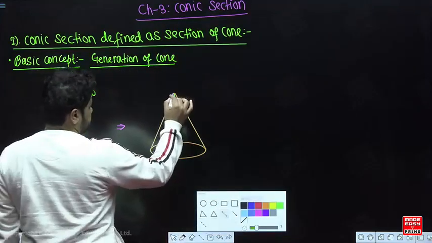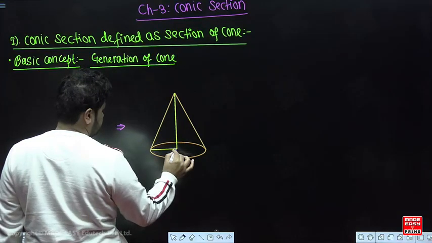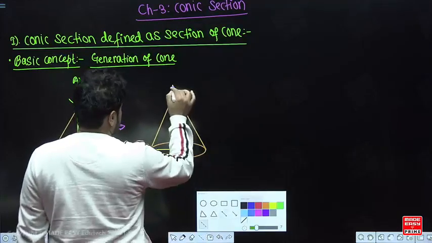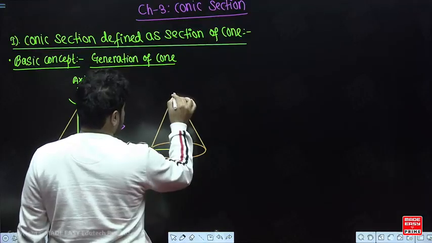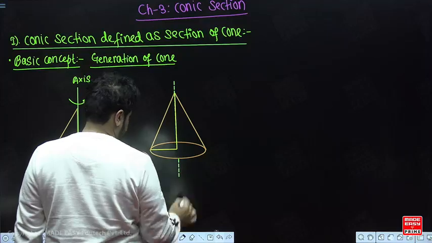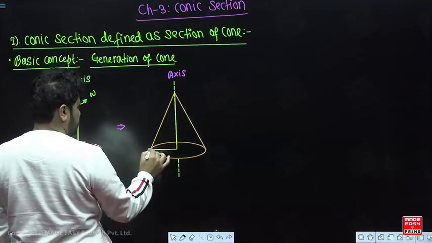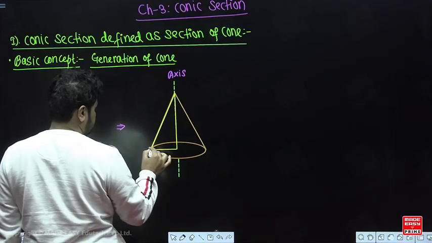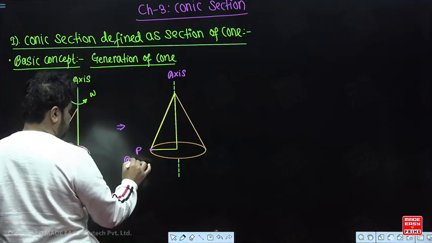So this is the axis, right? So here this was the point, correct? So this was the point P at t is equal to 0.